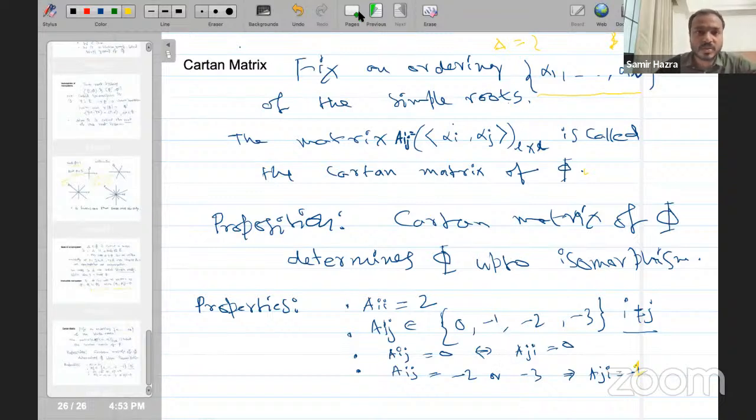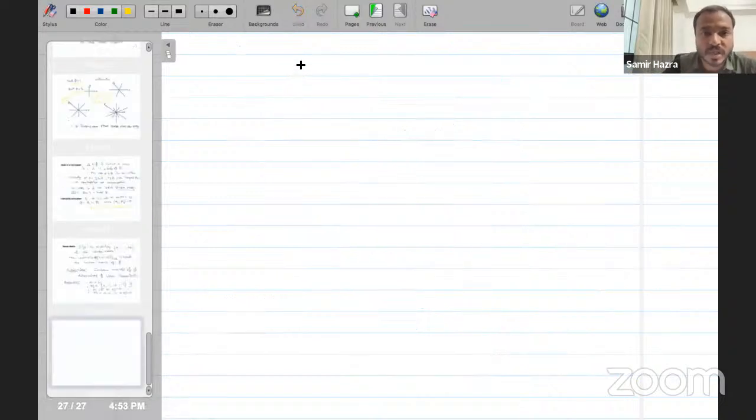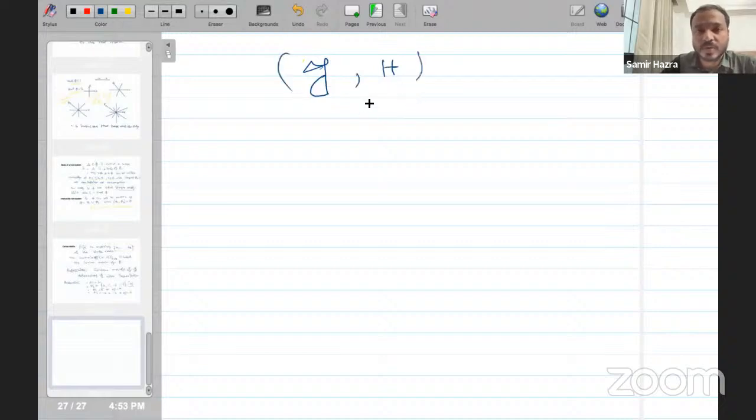So basically what we have done is we started with one semisimple Lie algebra, and we fixed one Cartan subalgebra. From there, we could get one Euclidean space E, and then a system of roots inside E, as a root system.